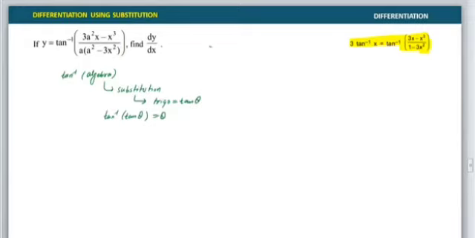Let's say I see the interior as tan inverse f(x). So this f(x) function I can write as (3 a square x minus x cube) divided by a into (a square minus 3x square). What is f(x) in terms of the formula? I need to write f(x) as (3x minus x cube) upon (1 minus 3x square).